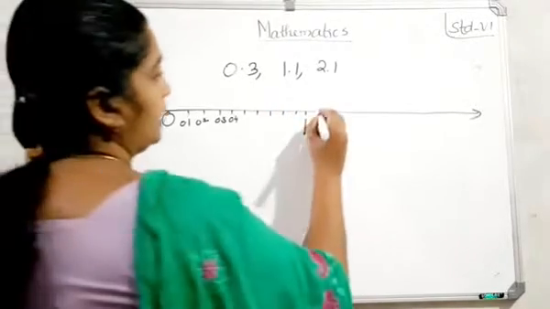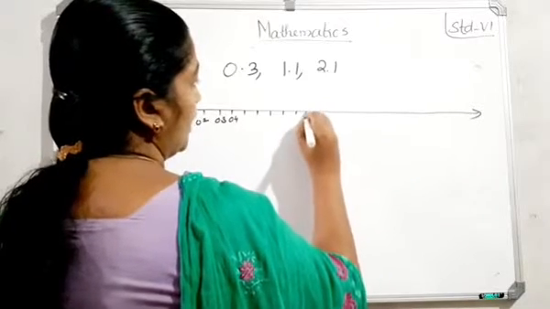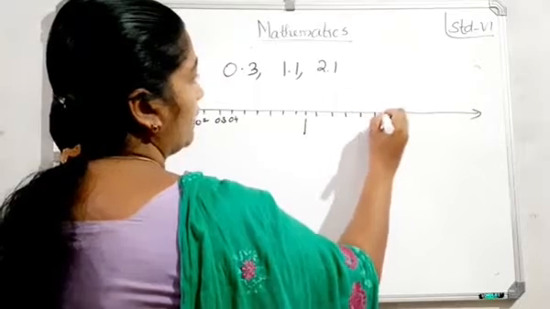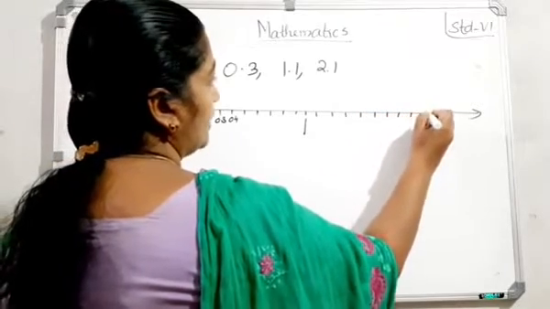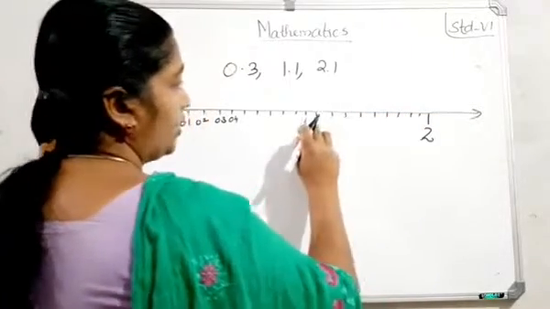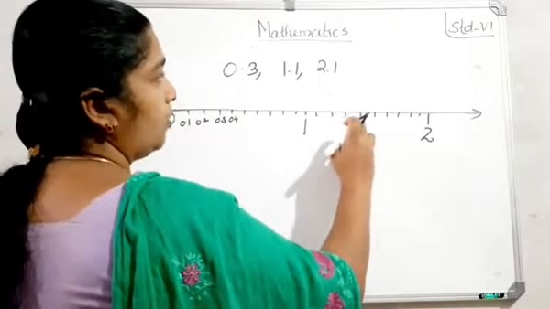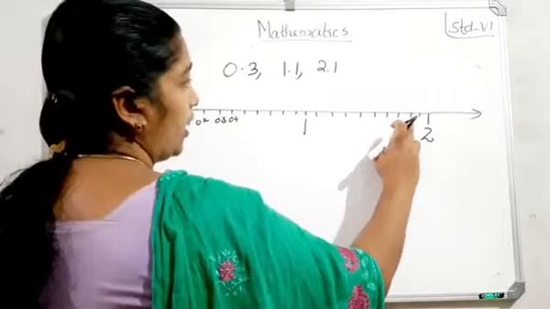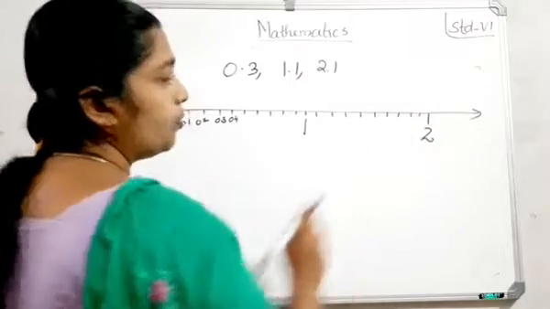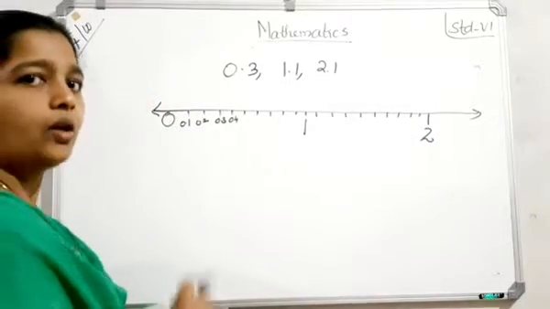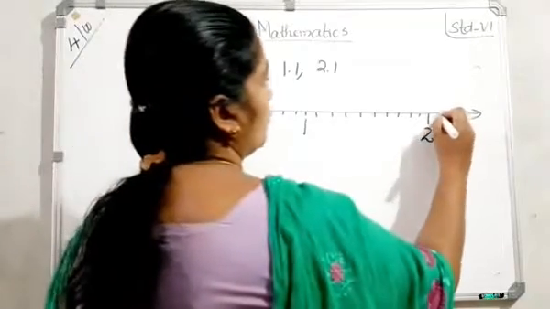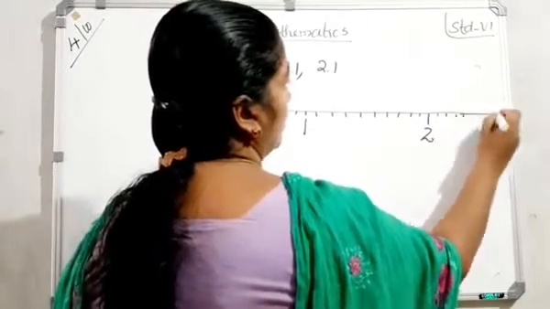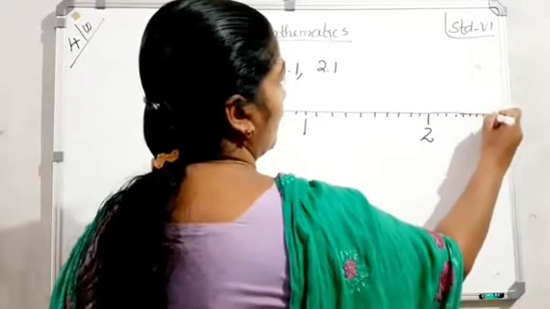Next, again 10 divisions: 1.1, 1.2, 1.3, 1.4, 1.5, 1.6, 1.7, 1.8, 1.9 and 2.0.